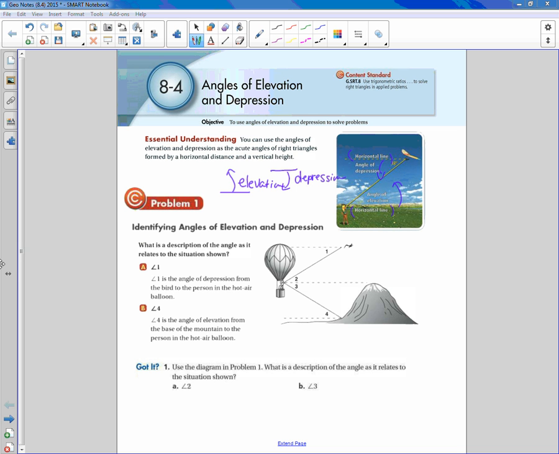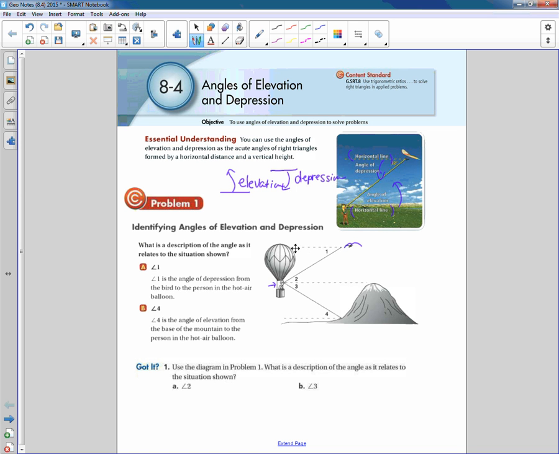So first thing we have to do is identify whether something is an angle of elevation or an angle of depression. So if we look at this particular situation, we've got 4 different angles, and we want to decide if these angles are actually indeed elevating or depressing. So we'll start from angle 1, and if you look at angle 1, we're going from this bird right here to the person that's in the hot air balloon.